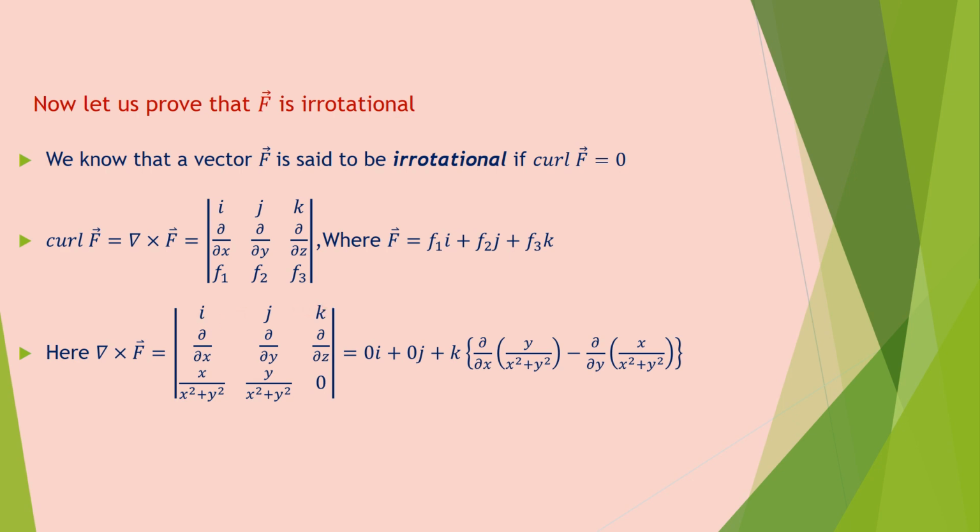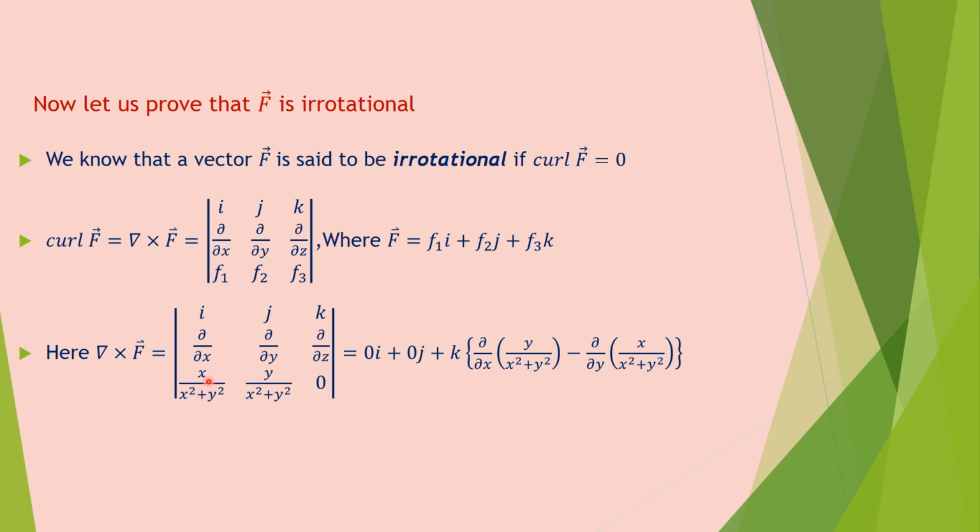So i into ∂/∂y of 0, that is 0, minus ∂/∂z of y/(x² + y²). Here there is no z term in y/(x² + y²), so this is also 0. So i into 0, which is 0, minus j into ∂/∂x of 0, which is again 0, minus ∂/∂z of x/(x² + y²).